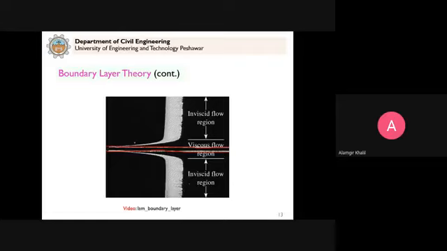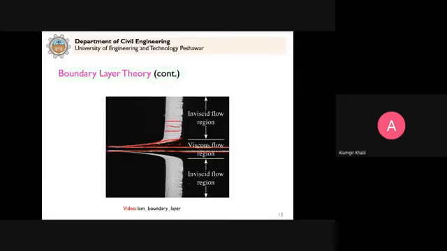Now you can see that this boundary layer develops. It means that within this boundary layer we have viscosity effects and we have velocity gradients that result. Outside this layer you see the velocity is uniform.